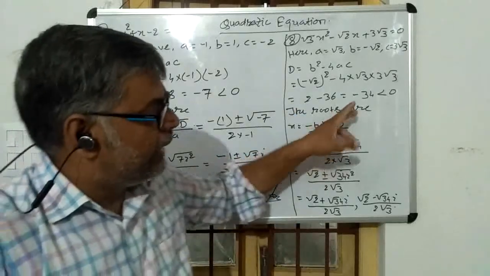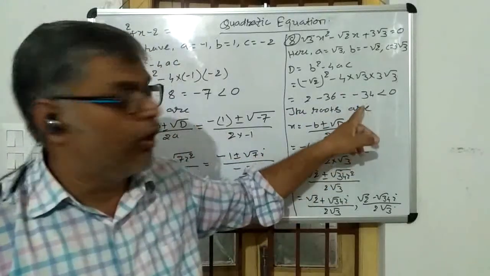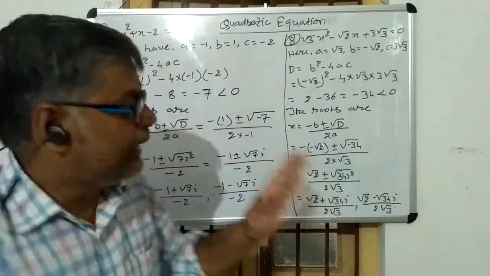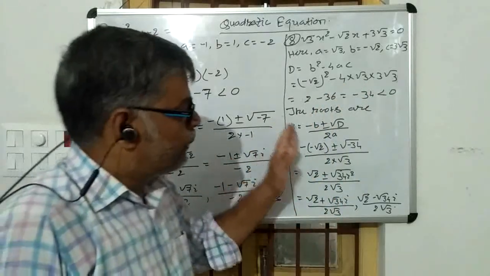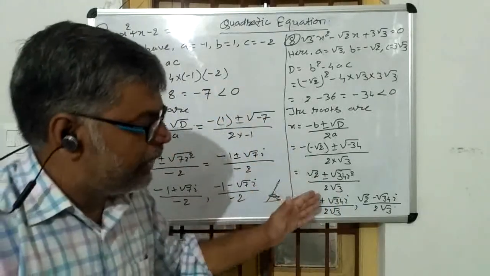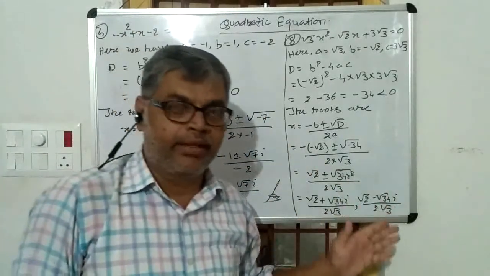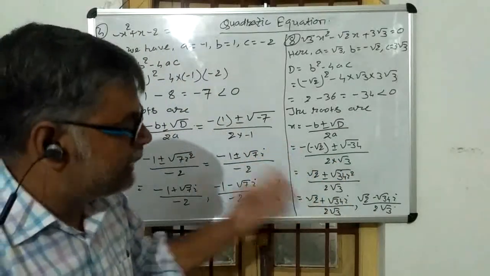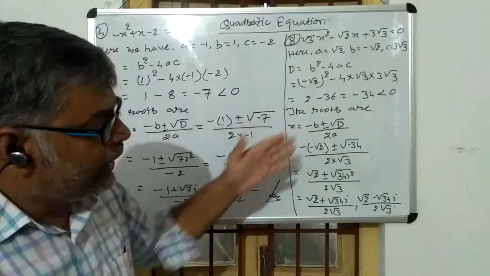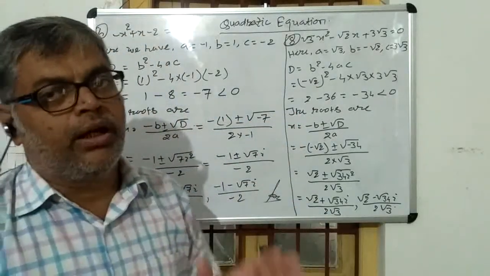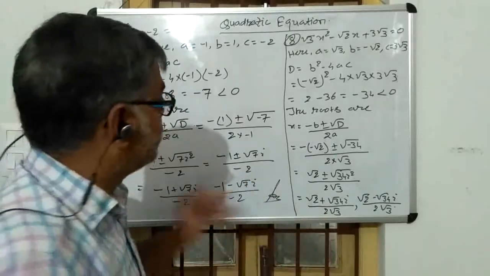You will see that in this case you will always get a discriminant which is less than 0, that is negative discriminant. And when the discriminant is negative, then the roots will be complex numbers, that is the combination of real number and imaginary number also. So in this way you can solve every question of the quadratic equation.